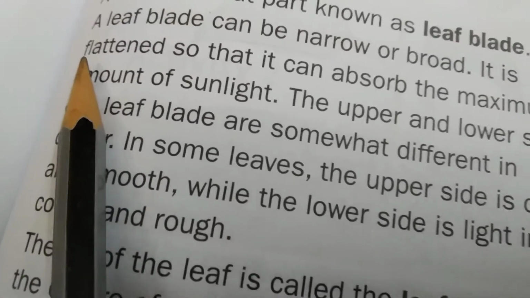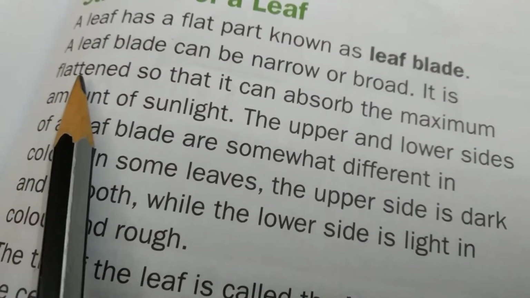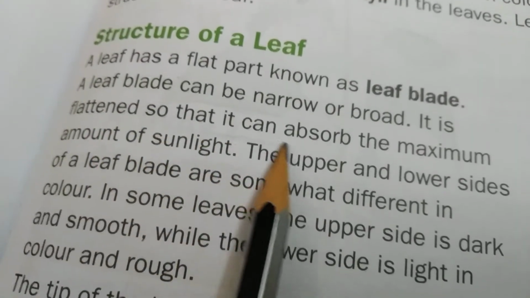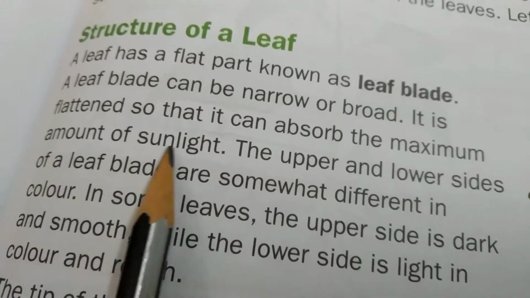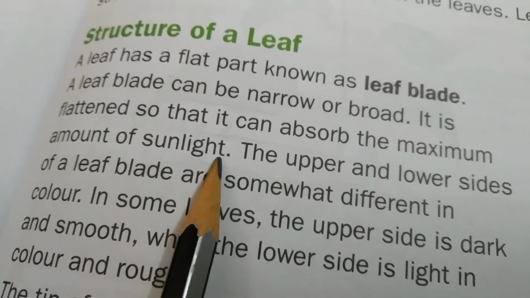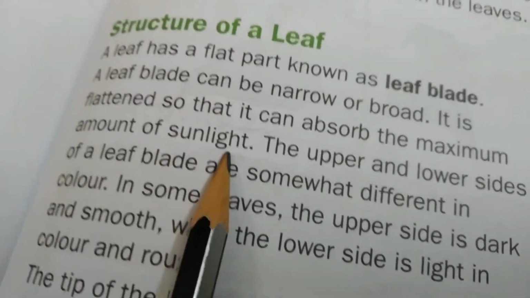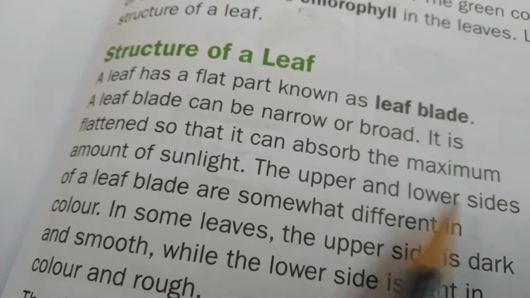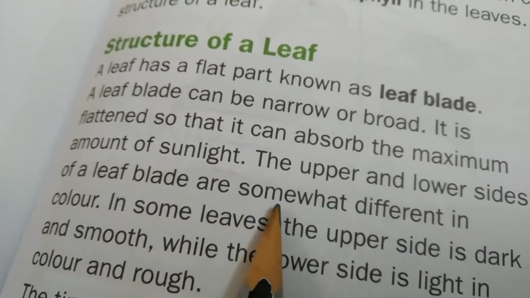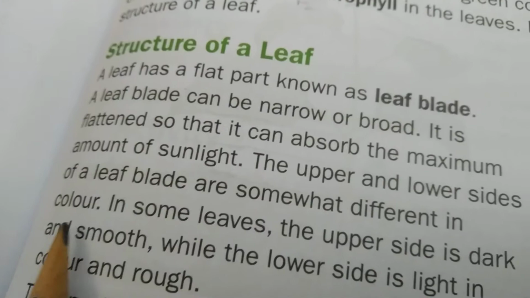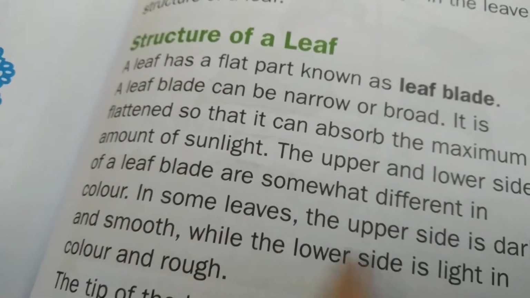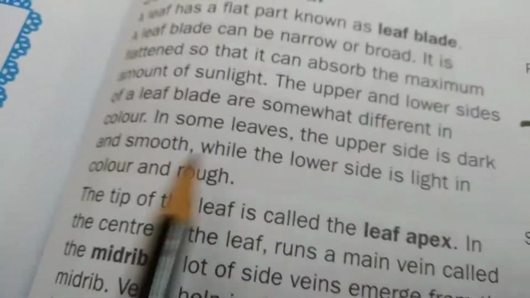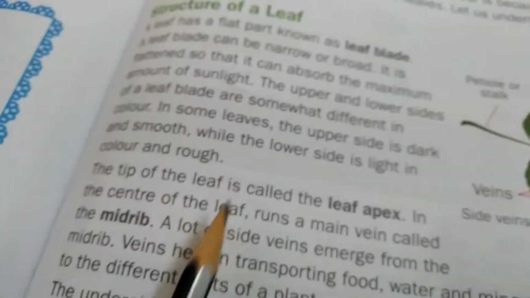It is flattened so that it can absorb the maximum amount of sunlight. The upper and lower sides of the leaf blade are somewhat different in color. In some leaves, the upper side is dark and smooth, while the lower side is light in color and rough.